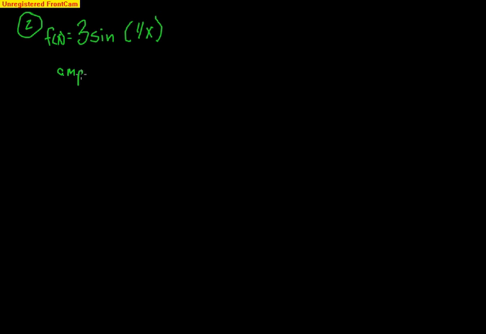The new amplitude is 3. So I'm now going up to 3, down to -3, right? So this would be my max at 3, my min at -3. And my new period length is going to be 2 pi divided by 4, which reduces to pi over 2. So I have a very small period length now.